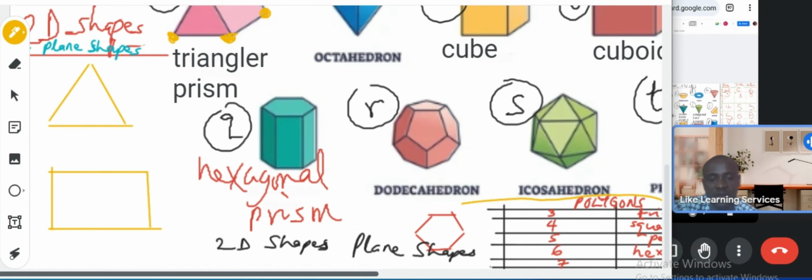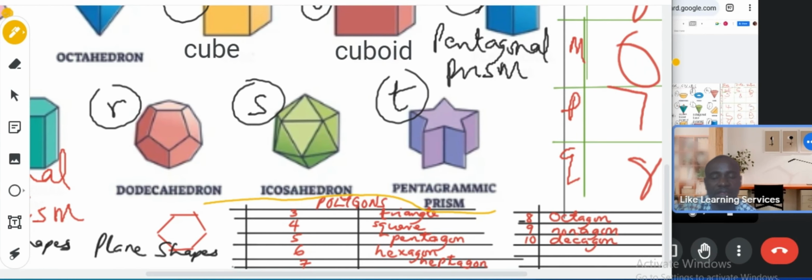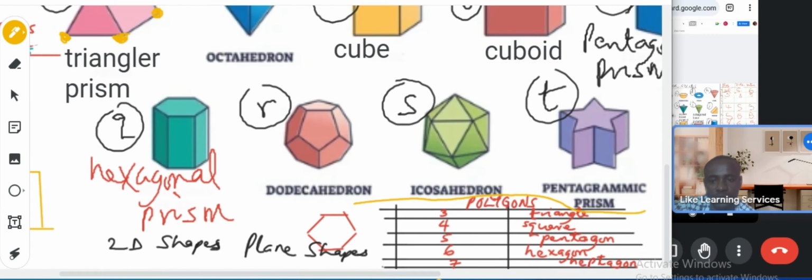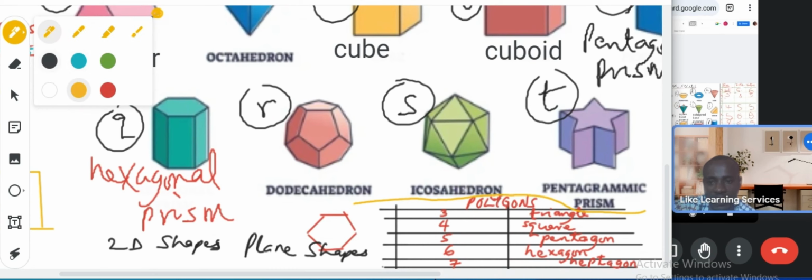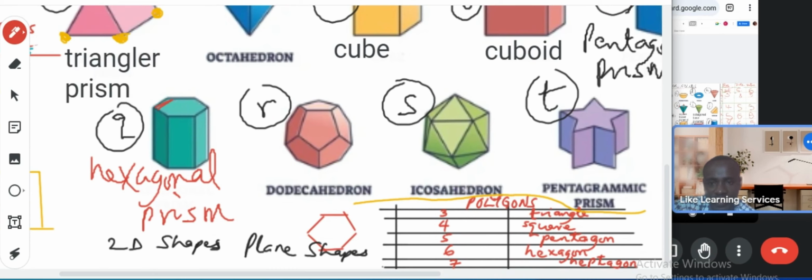I was trying to tell you that 2D shapes are different from 3D shapes, and I will explain it now. Watch this. I'm going to shade only this top, in green, in red. See what I'm shading here?